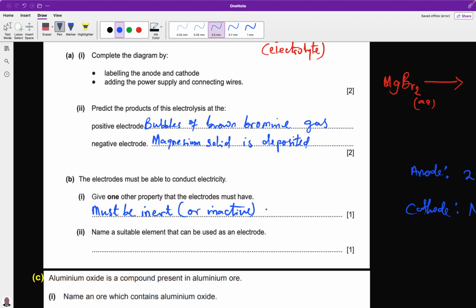Name a suitable element that can be used as an electrode. A suitable element is carbon or graphite, or platinum.